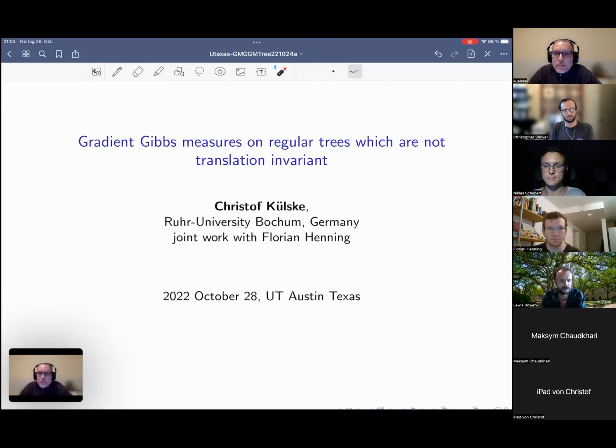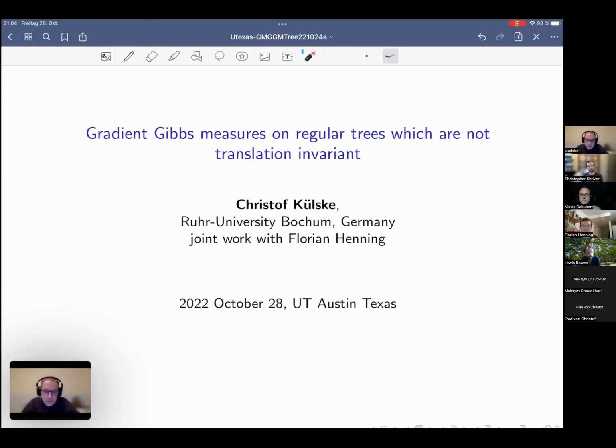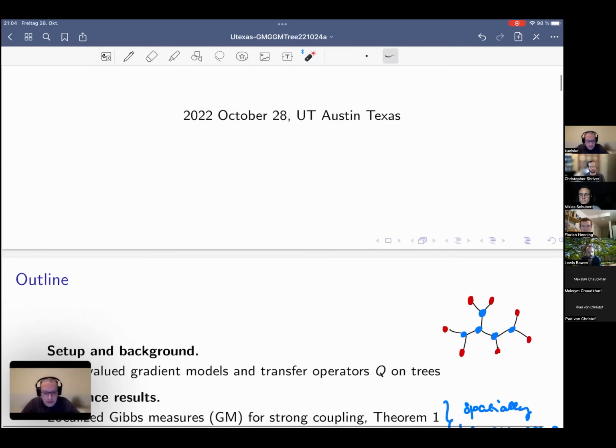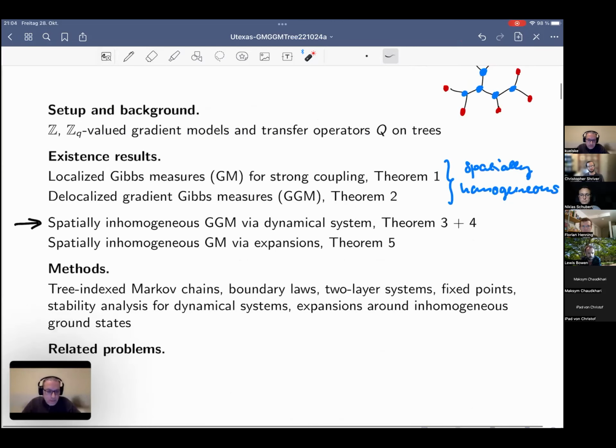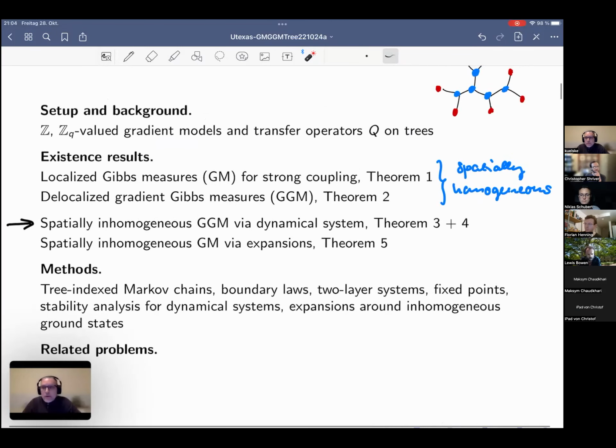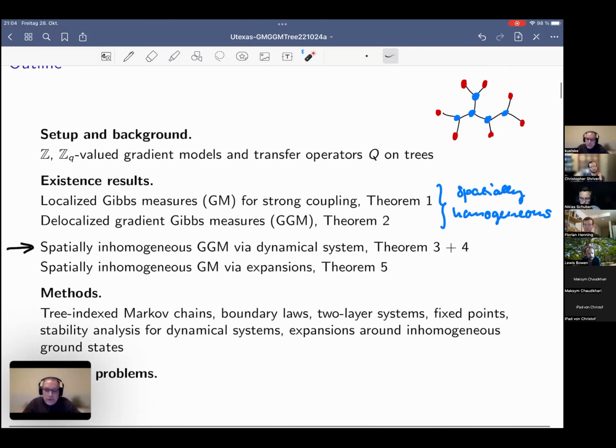This will be a probabilistic talk, so don't hesitate to ask questions if you feel uncomfortable with the objects. What is this going to be about? It's going to be about spin systems, and the spin variables will take values in Z, so in the integers, or in Z_Q.